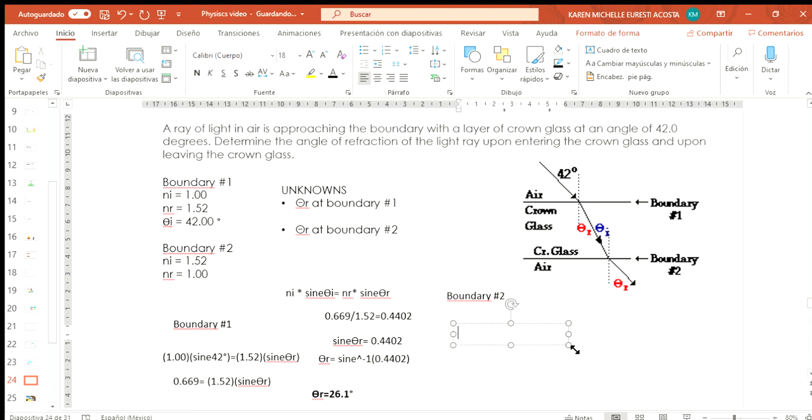That is 1.52 times sine of the angle that is here from boundary 1, that we already got, 26.1 degrees, and that is equal to 1 times the sine of the angle R.